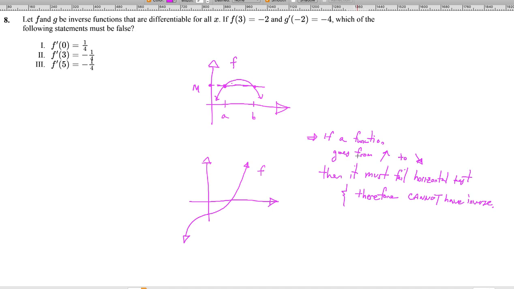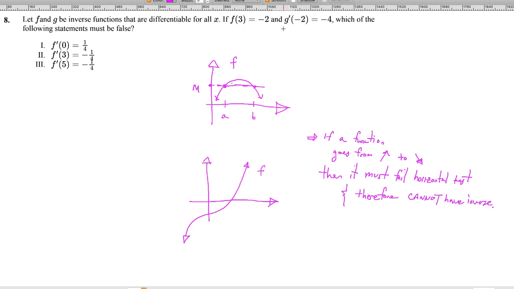So here in this problem, we're given that g prime of -2 equals -4. What that means is, since g has an inverse, it must mean that g is decreasing everywhere. The reason for that is because the derivative tells you whether the function is increasing or decreasing by whether it's positive or negative.